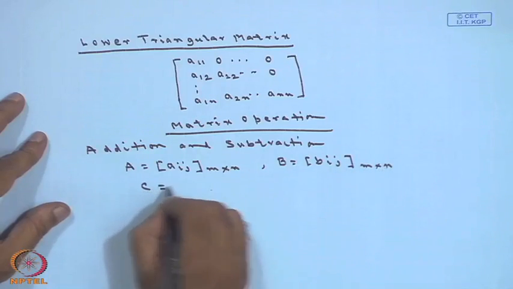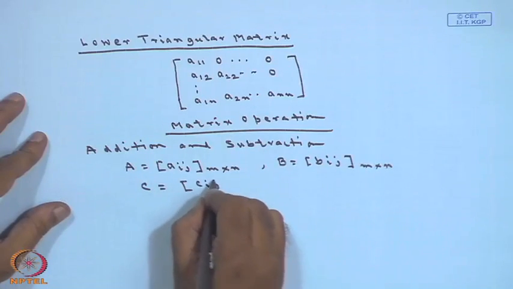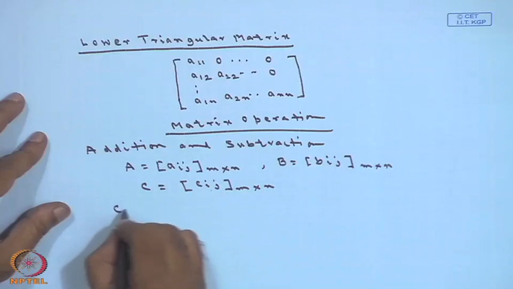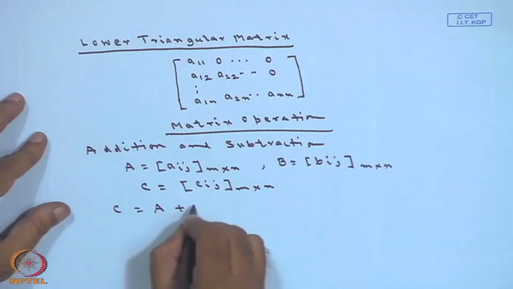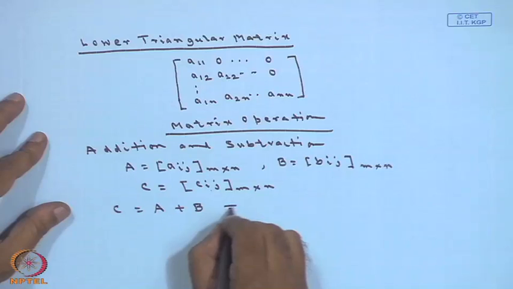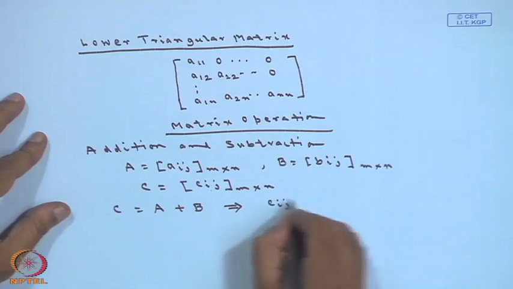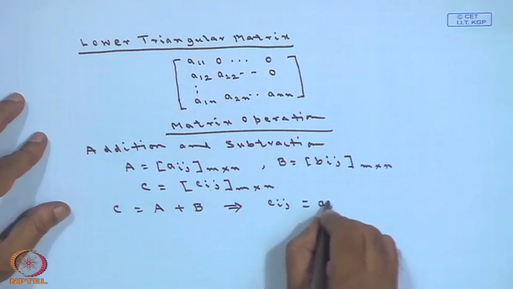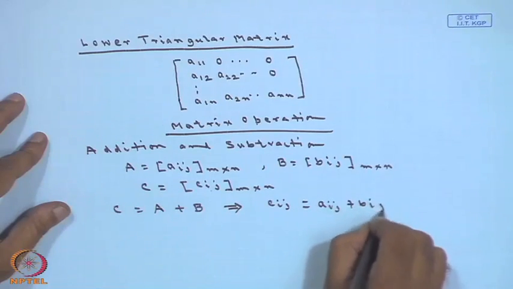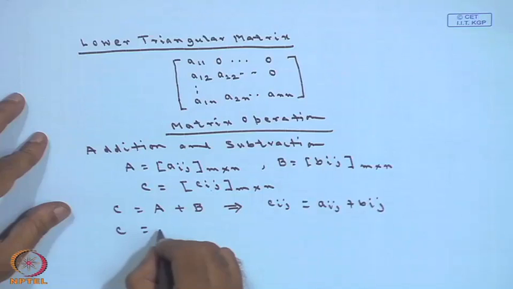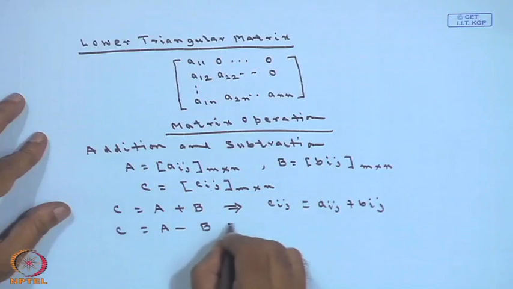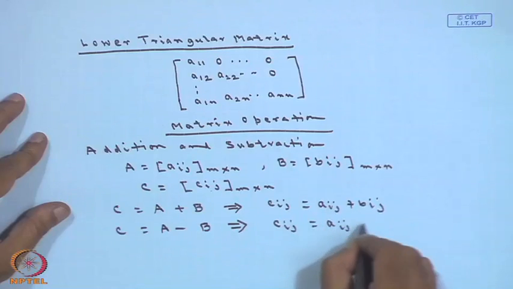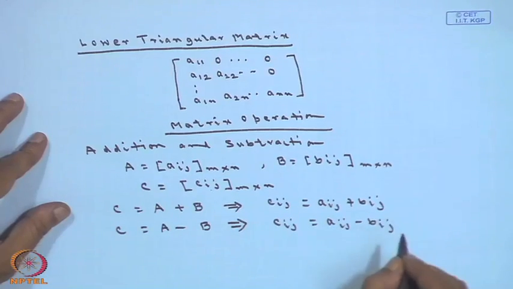I am considering a third matrix C, whose elements are C_ij, and this will also be of the same order. Now, whenever you write C equals A plus B, it means the ijth element C_ij of the resultant matrix equals A_ij plus B_ij. Similarly, whenever you write C equals A minus B, it implies C_ij equals A_ij minus B_ij.